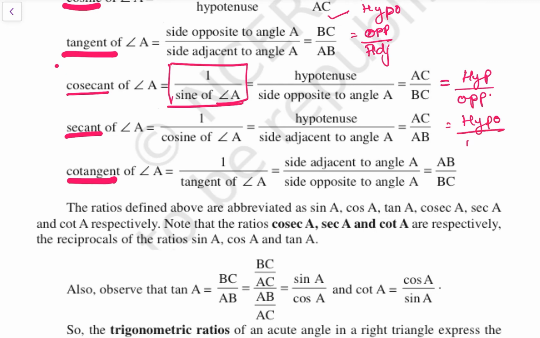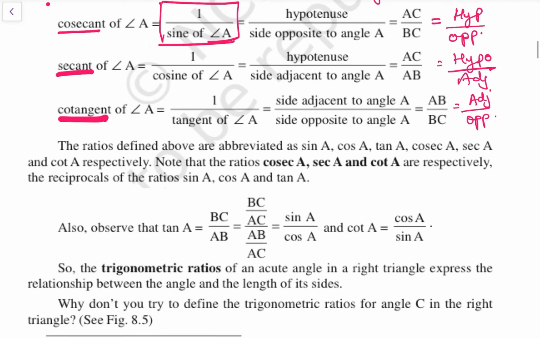And cotangent of angle A is equal to 1 upon tangent of angle A, side adjacent to angle A upon side opposite to angle A, that is AB upon BC, adjacent upon opposite. This is what you are supposed to remember.